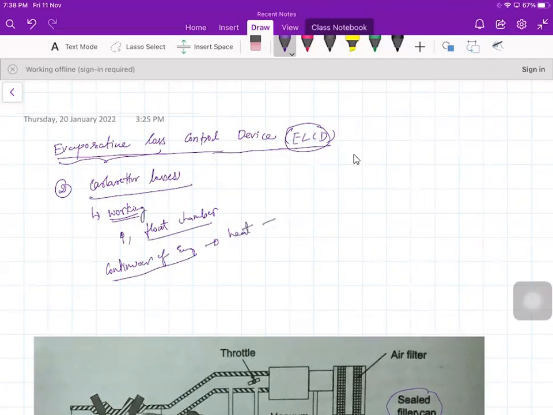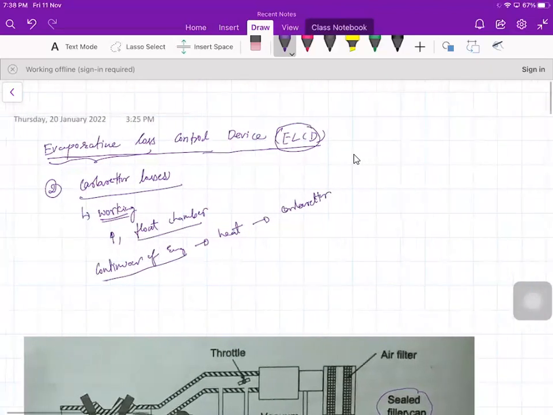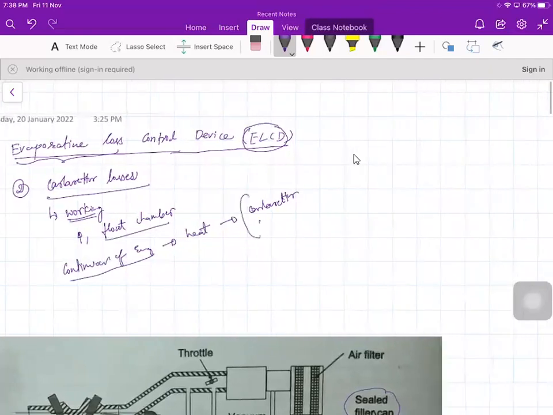And now this heat may also reach the carburetor. Obviously in the carburetor we have the float chamber, where a large amount of fuel is stored.